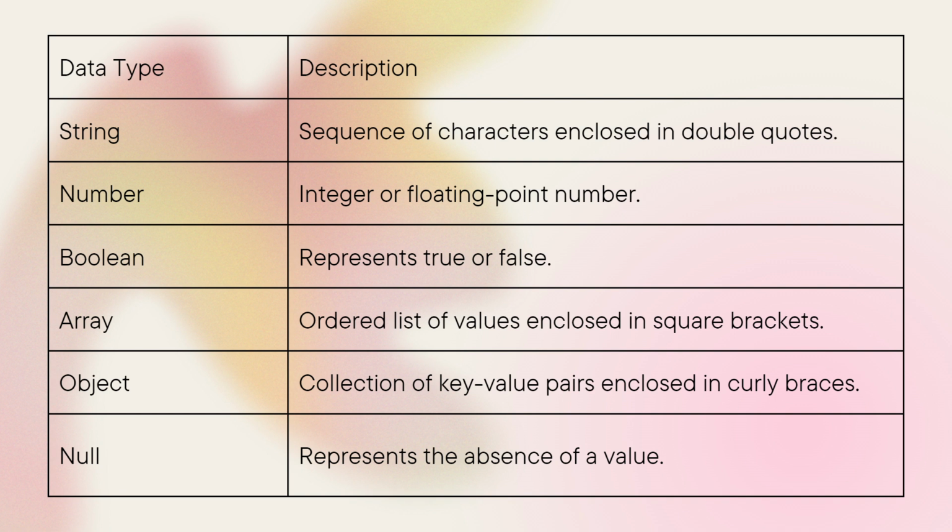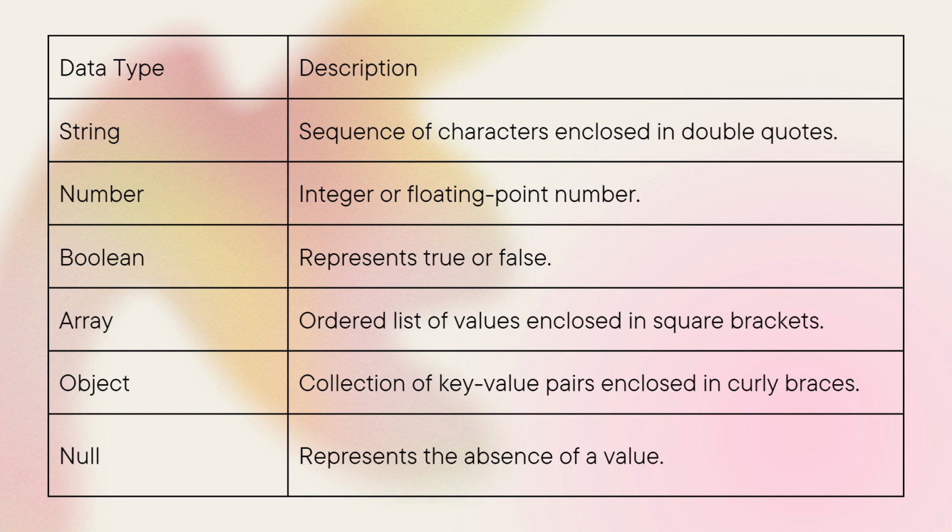Next is Boolean, which represents true or false. Let's just say that it is recommending products. A pop-up message will be displayed on your screen saying, do you want to explore our recommendations? And the two options that are provided would be yes and no. So JSON does this by accepting values in the Boolean format. The array value is the ordered list of values enclosed in square brackets.